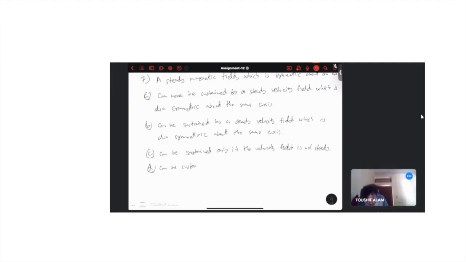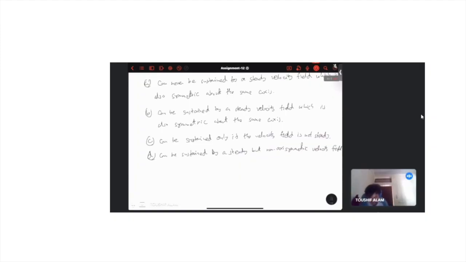It can be sustained by a steady but non-axisymmetric velocity field. Okay, so these are all right answers.